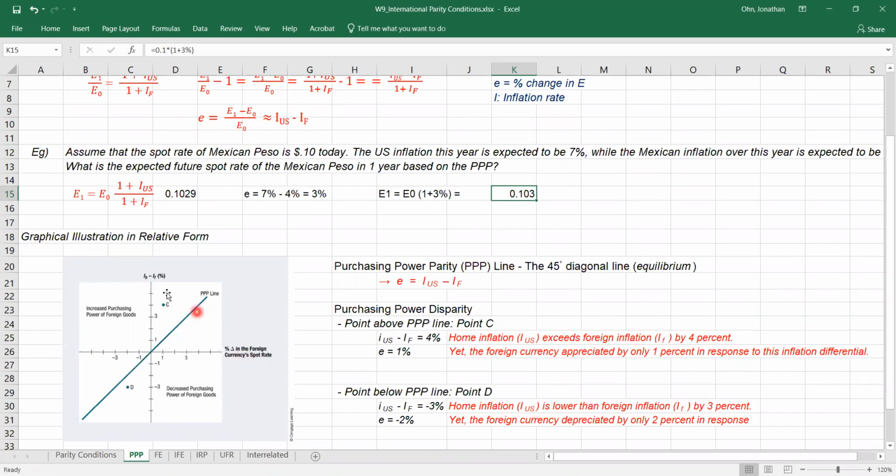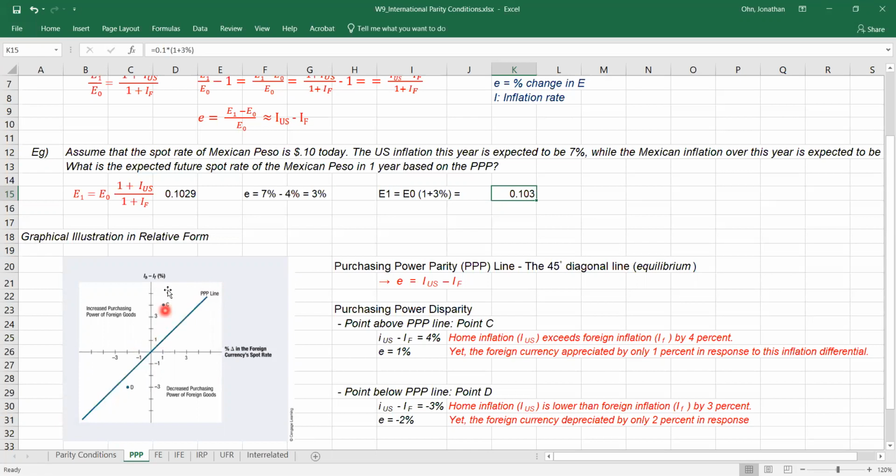If these two are equal, that is called the purchasing power parity line. That's the equilibrium. If any exchange rate is located on this line, then it is an equilibrium condition. So nothing happens.